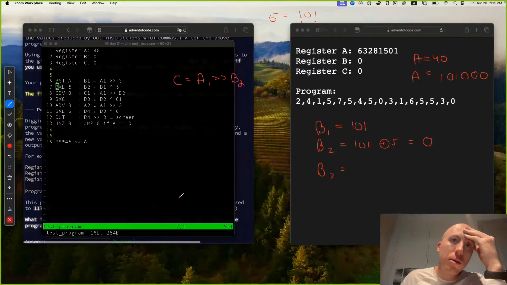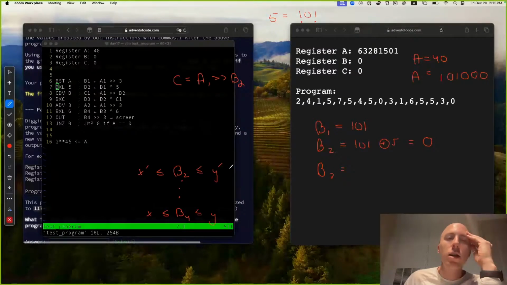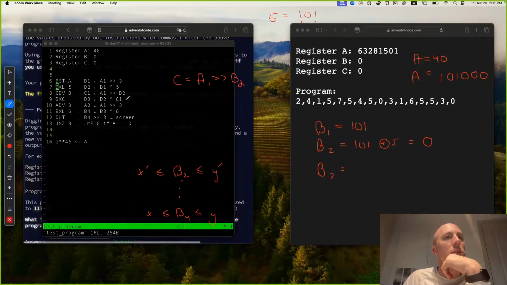Remember going up this chain, we bounded B4 initially to have it output a 2. And then we got up to B2 and we said, all right, we bounded by this and it'll still output a 2. But now, wait, where's this?